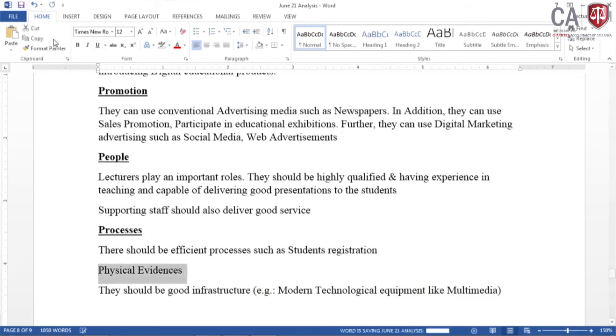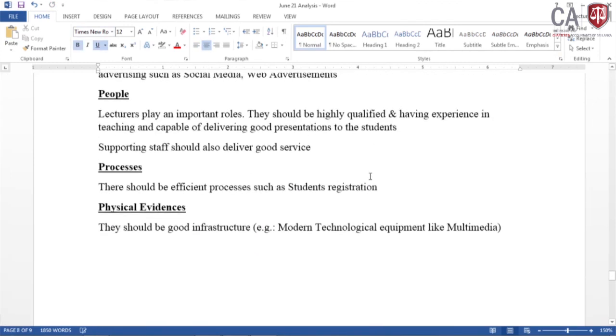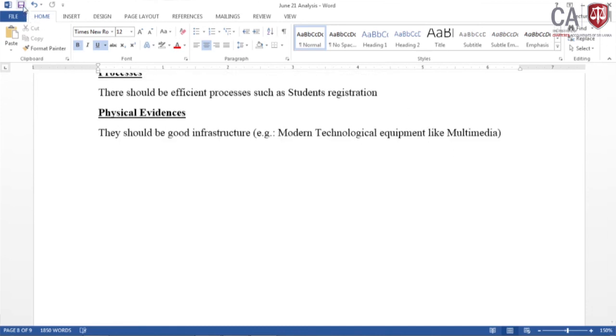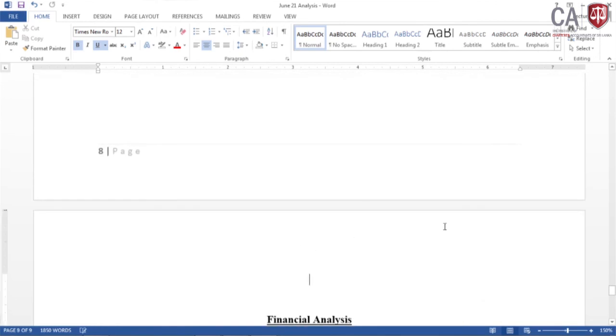So we look at about 7 P's also. Actually 7 P's, not 4 P's. Finance is also there here.